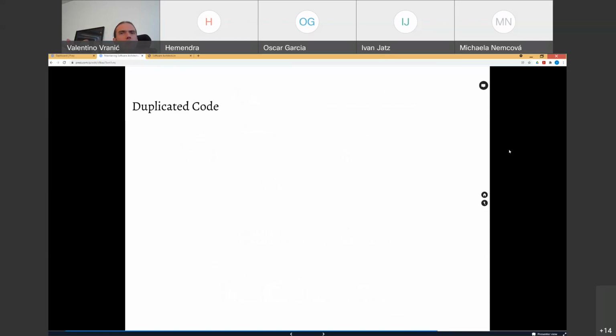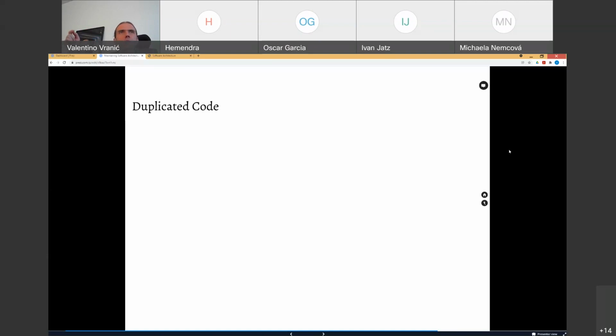I said reusing might mean simply copying and pasting, but then that code will be duplicated. Lots of duplicated code is difficult to maintain. Typically, when you update one place, you need to update all the copies that you created. So imagine thousands and thousands of copies.